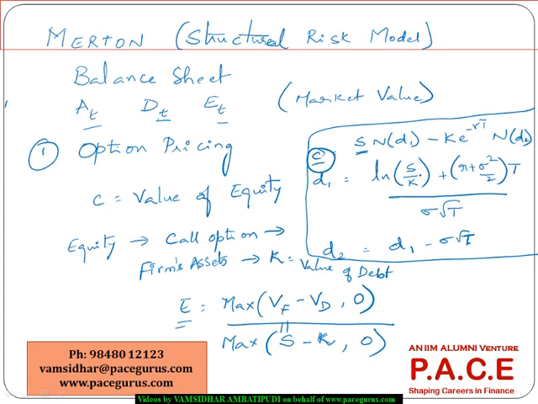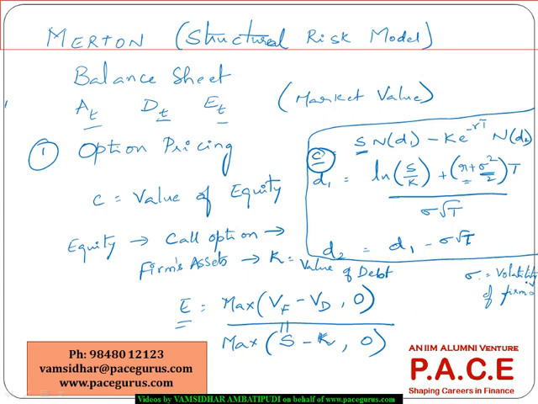Now, here I can also talk about the risk-free rate of return. The sigma, I have to take as the volatility of the firm, which is very difficult to find in the real world. Volatility of equity can easily be found, but finding out the volatility of the firm's assets will be a difficult issue here.